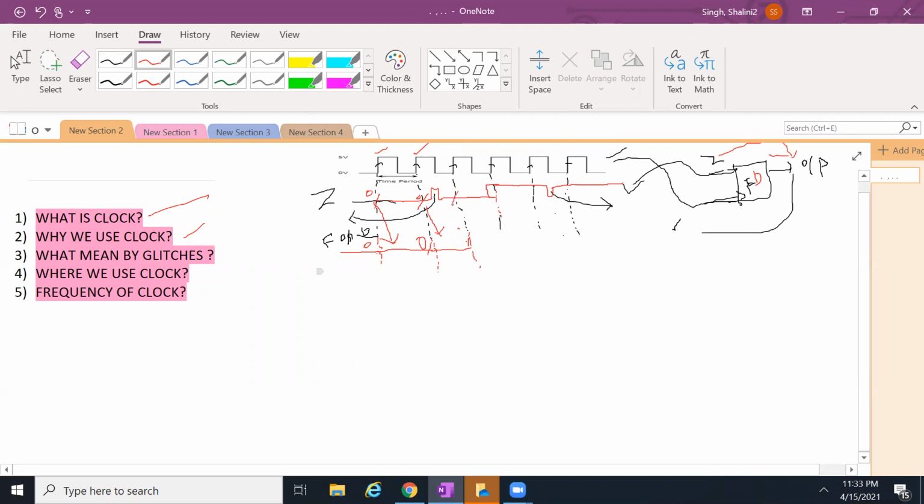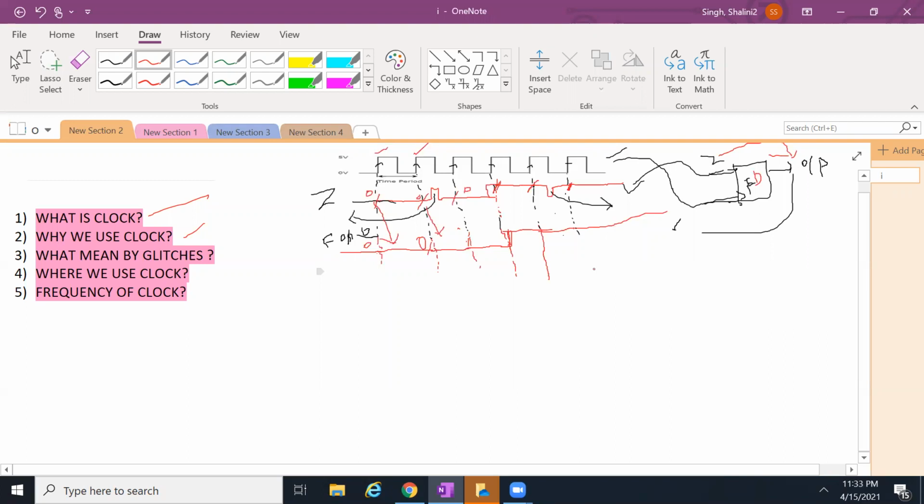Then again if you see at this particular edge we have 0 input. So this will come to the output and it will continue till the next edge of the clock. Here we have one value, right? So here we'll get the one value and it will continue till the next clock edge. After that, if you see, here also its value is 1, then it will continue till the next clock cycle. Then again its value is 1, then it will continue.